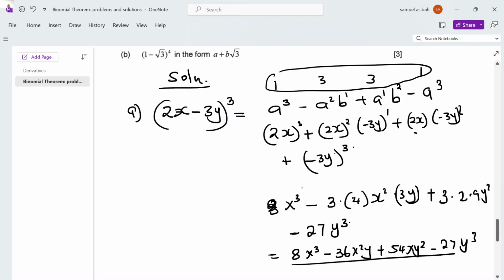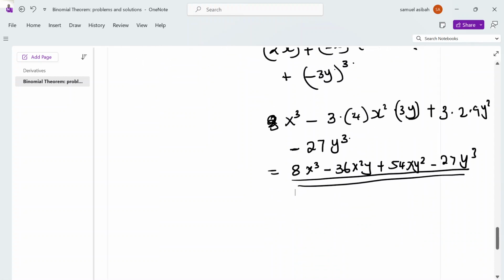So that is your expansion. You can use Pascal triangle, or you can use combination.